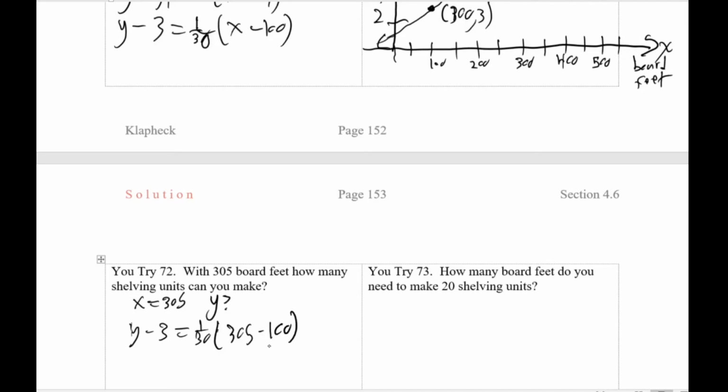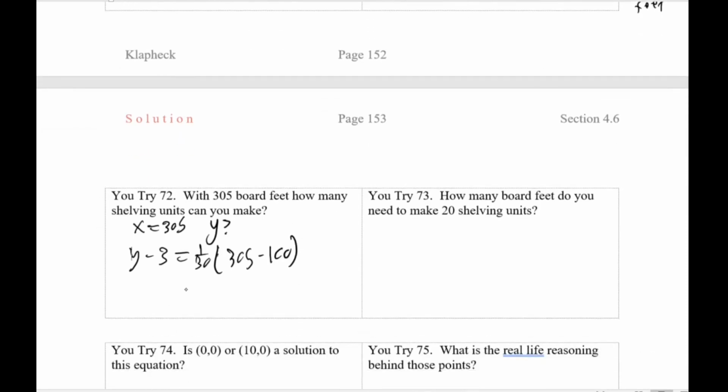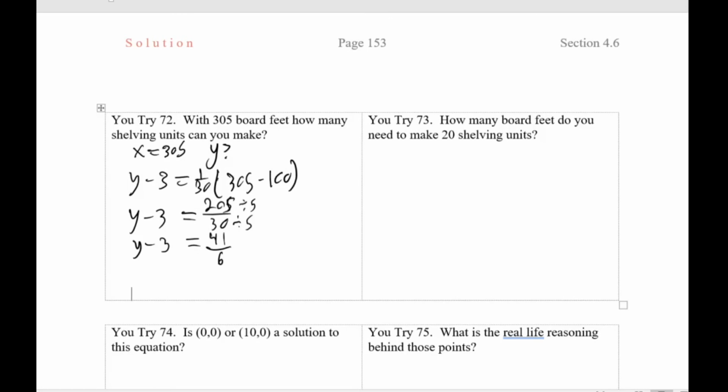So we have 205 divided by 30. Let's first reduce. 205 has some 5s in it. 30 has some 5s in it. This reduces to 41/6. And now let's add 3 to both sides.